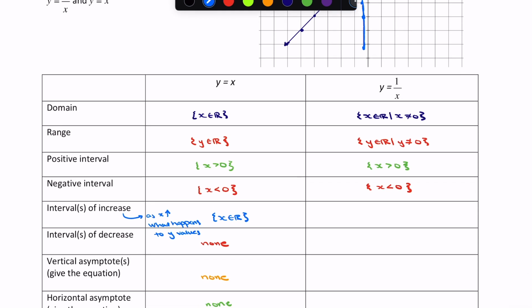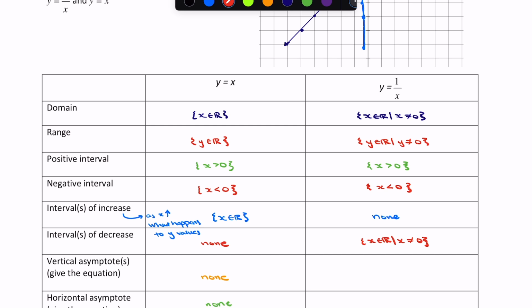Then our intervals of decrease: we see that when the x values increase, the y values decrease at all points except for our asymptote. So here it's x is an element of real numbers, but x cannot be equal to 0.